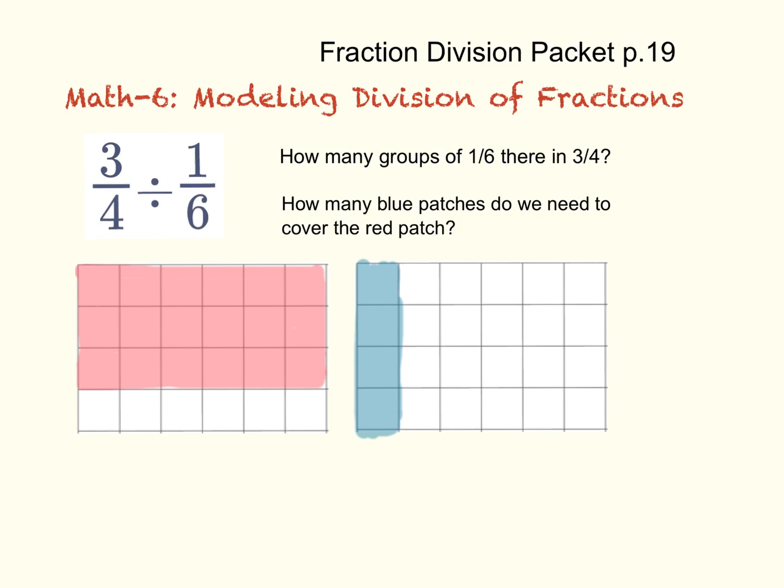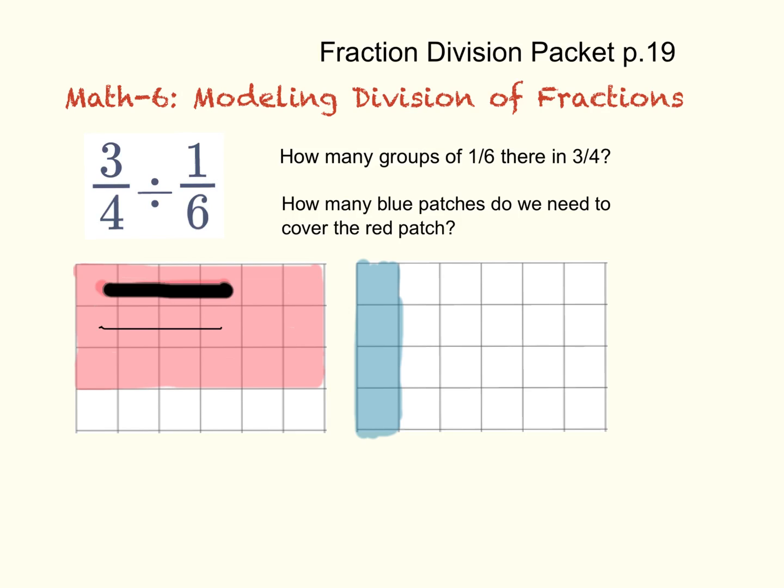Okay, so let's count. It's 4 little boxes for each blue patch. So we can use one blue patch here. And then 2 blue patches, 3, 4. Okay, and then I have 2 pieces left over here.